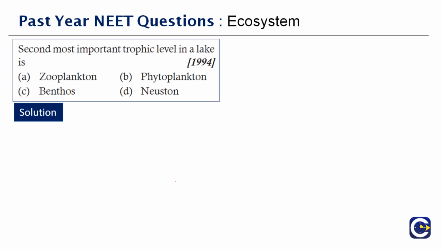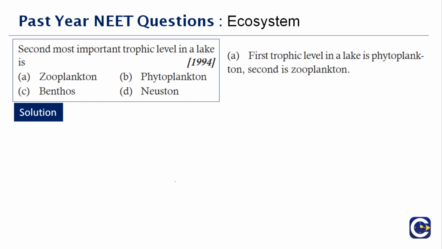Therefore it is not benthos, neuston or phytoplankton. The correct answer is zooplankton. Okay, fine. The first trophic level of the lake is occupied by phytoplankton, while the second trophic level is maintained by zooplankton, which is option A.